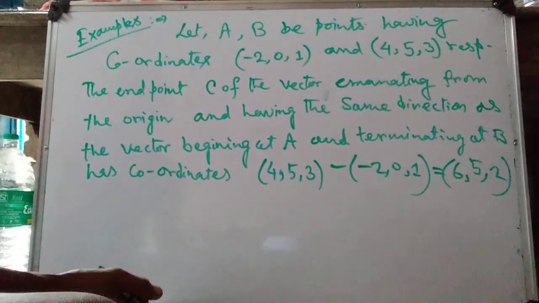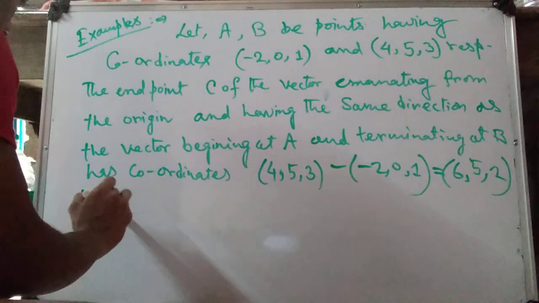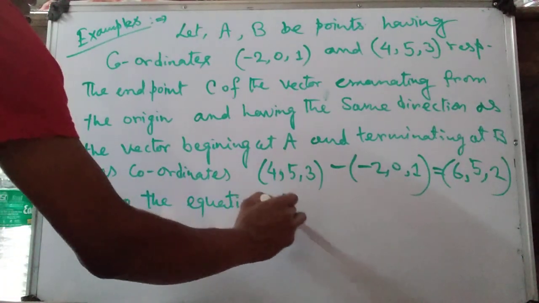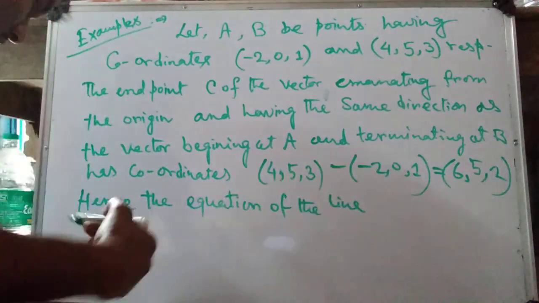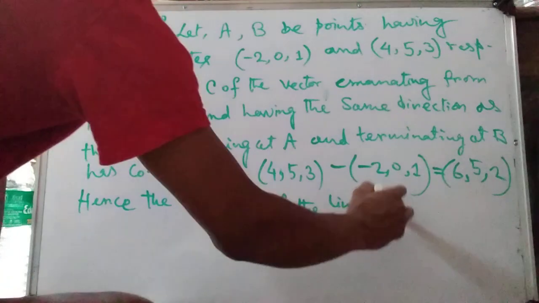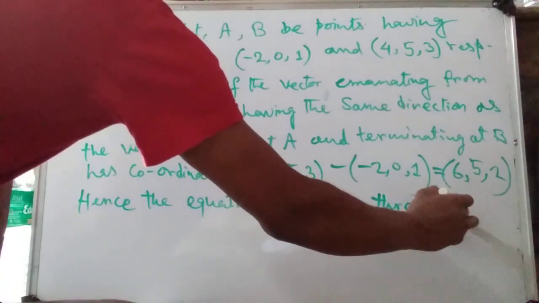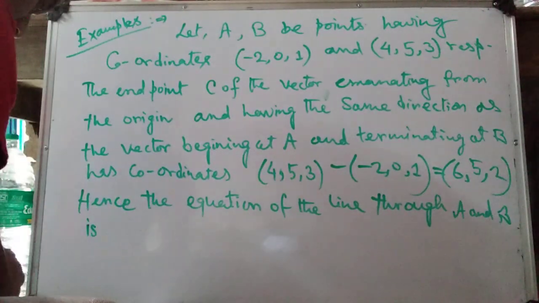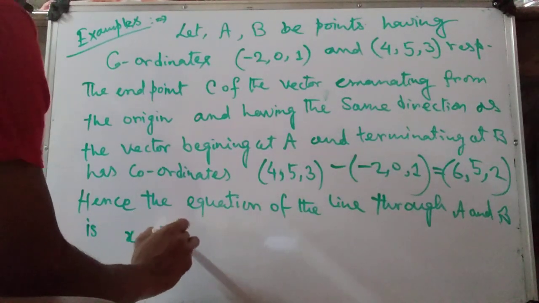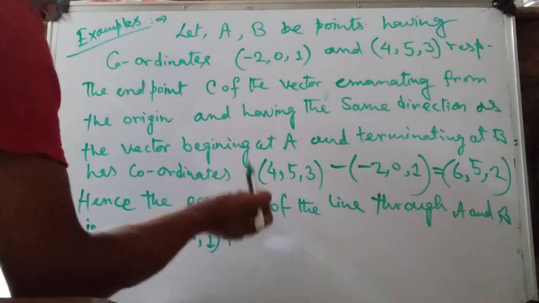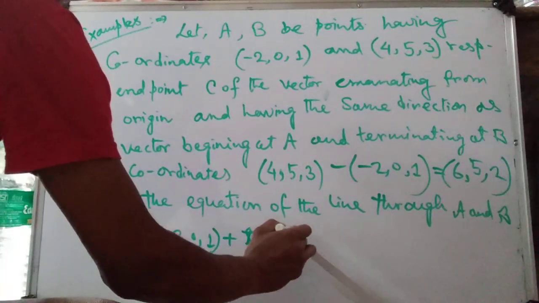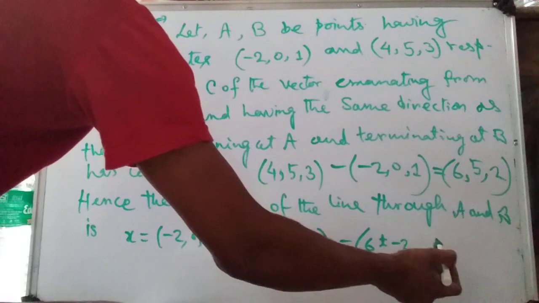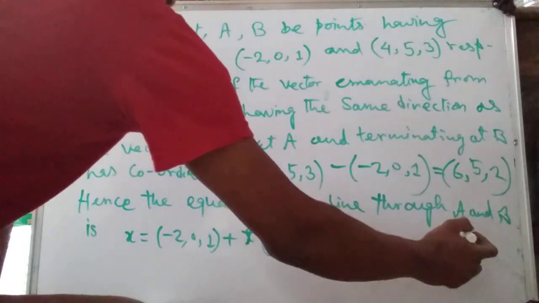Hence the equation of the line through A and B is x equals (-2, 0, 1) plus t times (6, 5, 2), equal to (6t minus 2, 5t, 2t plus 1).